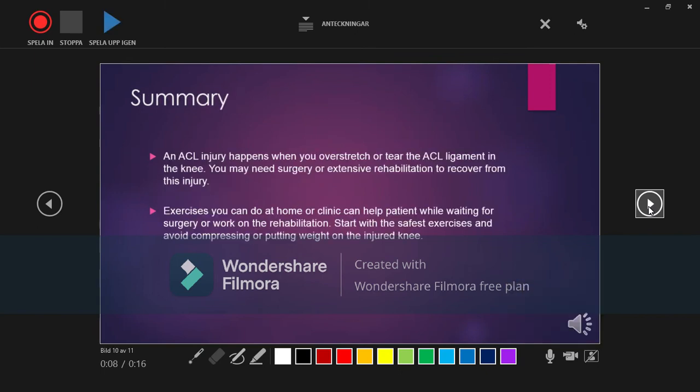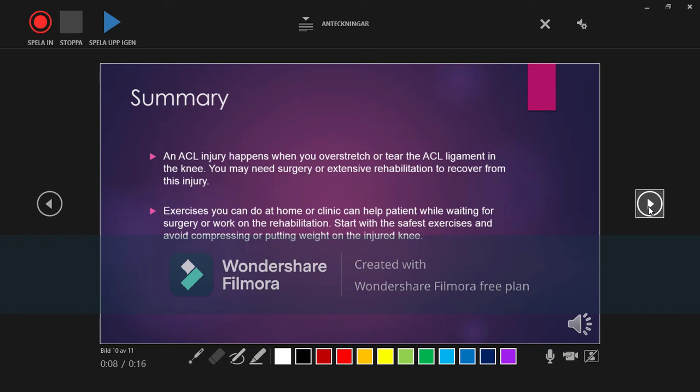So as a summary, an ACL injury happens when you overstretch or tear the ACL ligament in the knee, and you might sometimes need surgery, as this can cause more damage to the meniscus. Exercise that can be done at home or at a clinic will help the patient recover faster.